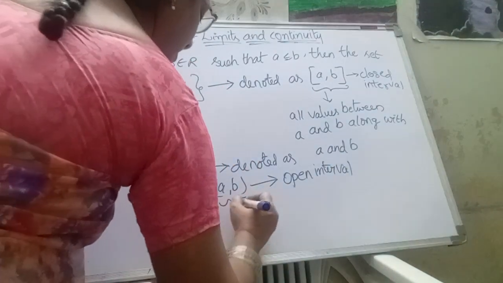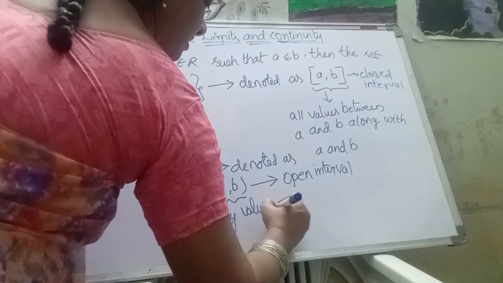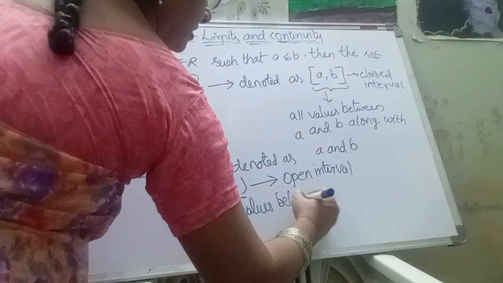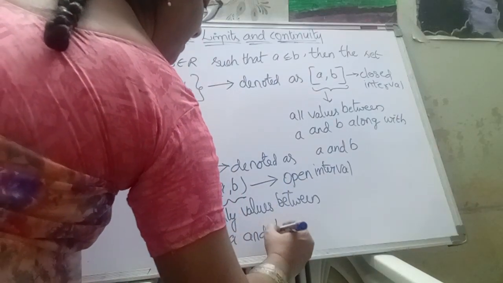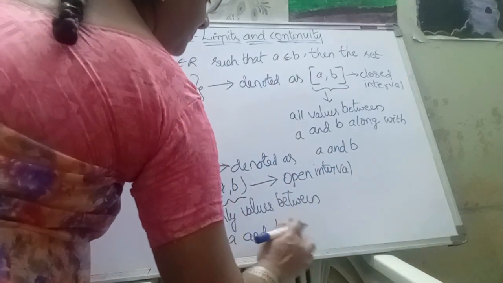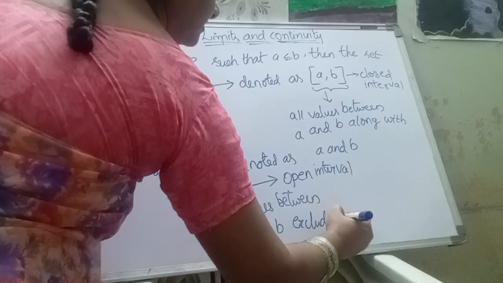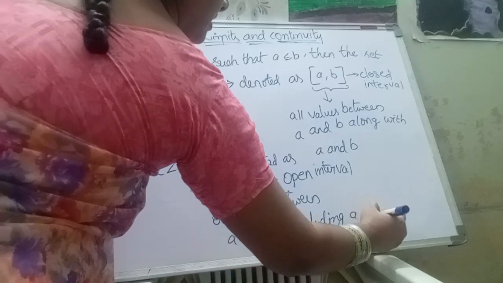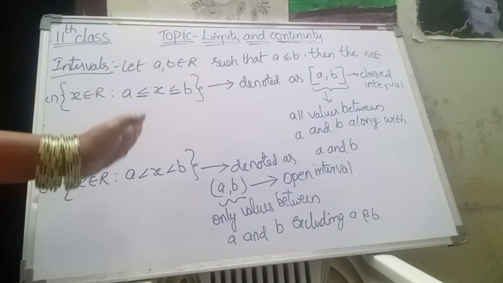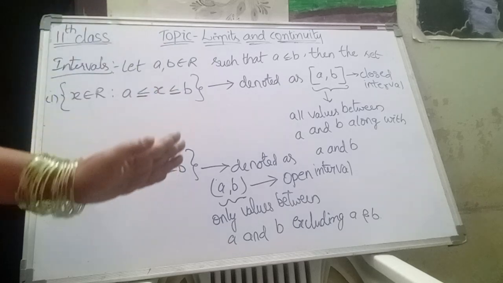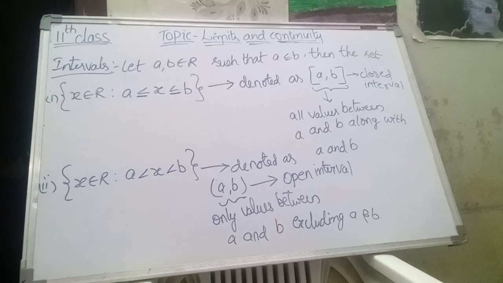Here we can take only values between a and b, excluding a and b. Excluding means just taken out. You should not use the values of a and b; you must use only the values between a and b.